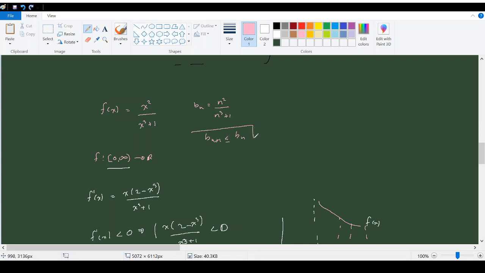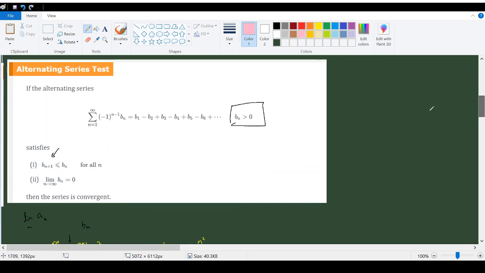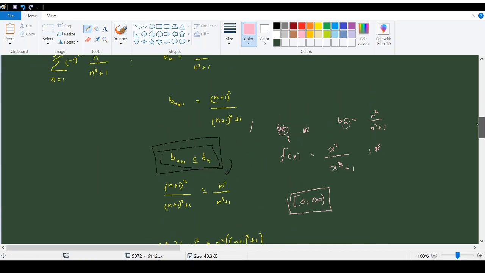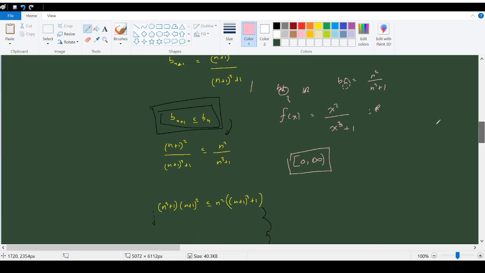This decreasing relationship will hold true for all the n values greater than 1 but not equal to 1. Okay, so we should understand that it is not true for any n. Okay, it is only true when n is greater than 1, right?